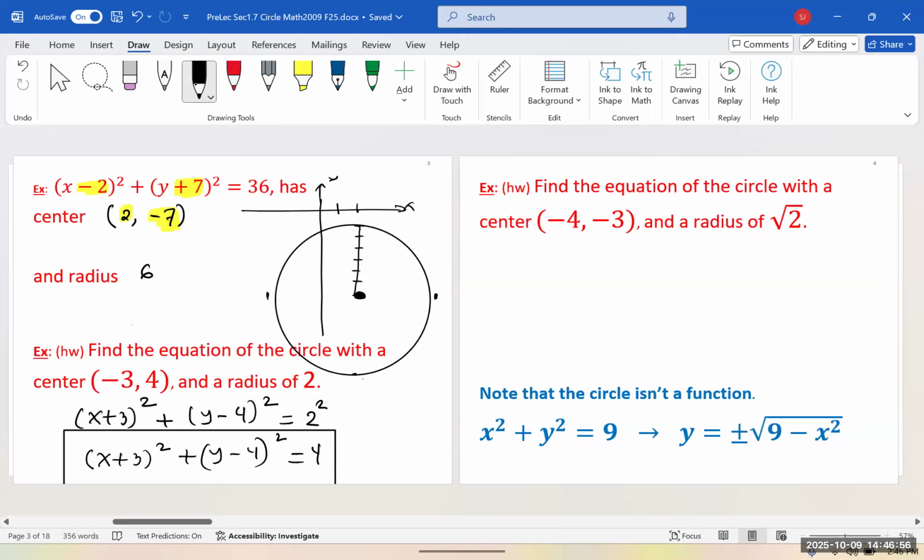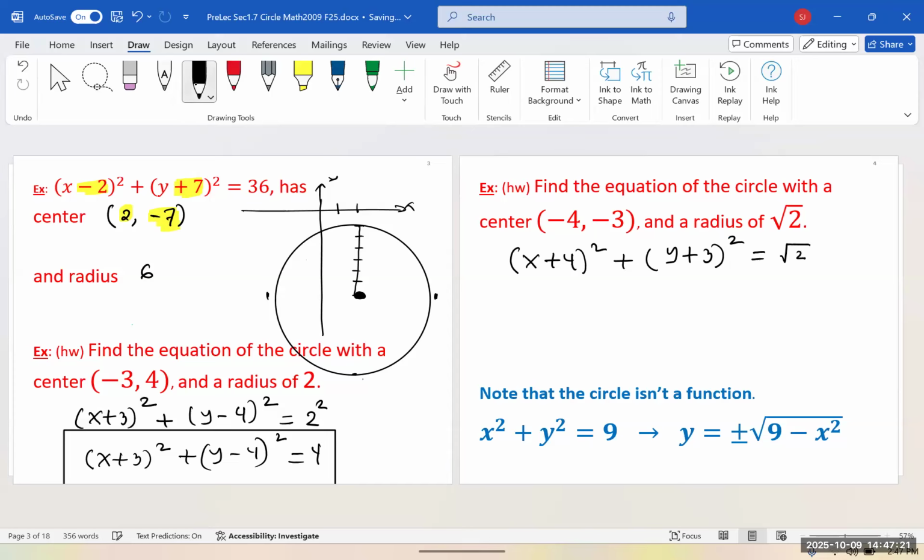Volunteer for the next one. We have center -4, -3, and our radius is the square root of 2. Ruby. Plus 4 squared, plus 3 squared.